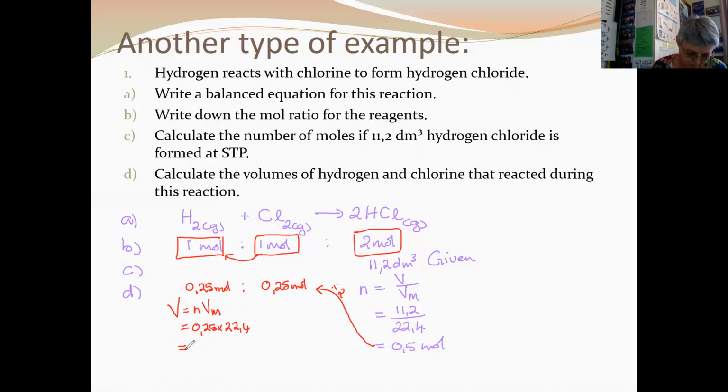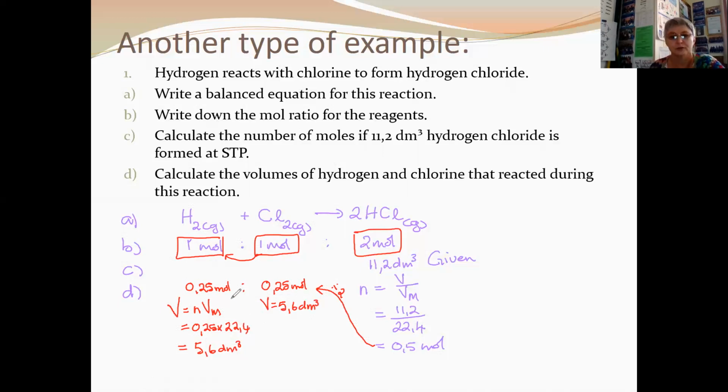A quarter of that is 5.6. And the same calculation will result in the same volume. The volume of chlorine will be 5.6 cubic decimeters.